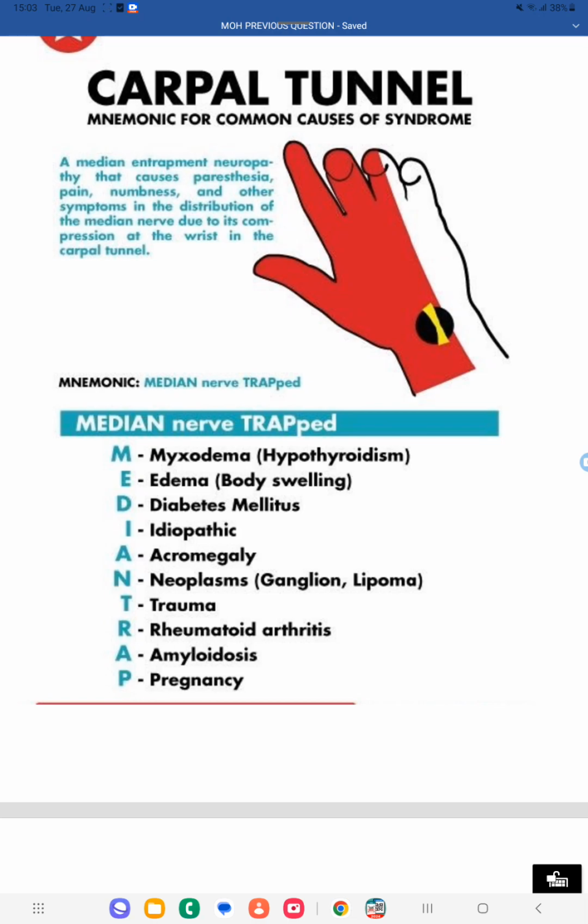Another one is pregnancy. These are the reasons for compression of the median nerve, and because of the compression the patient suffers with pain, paresthesia, and numbness in the thumb, index finger, middle finger, and half of the ring finger. This is called carpal tunnel syndrome, a median nerve compression.